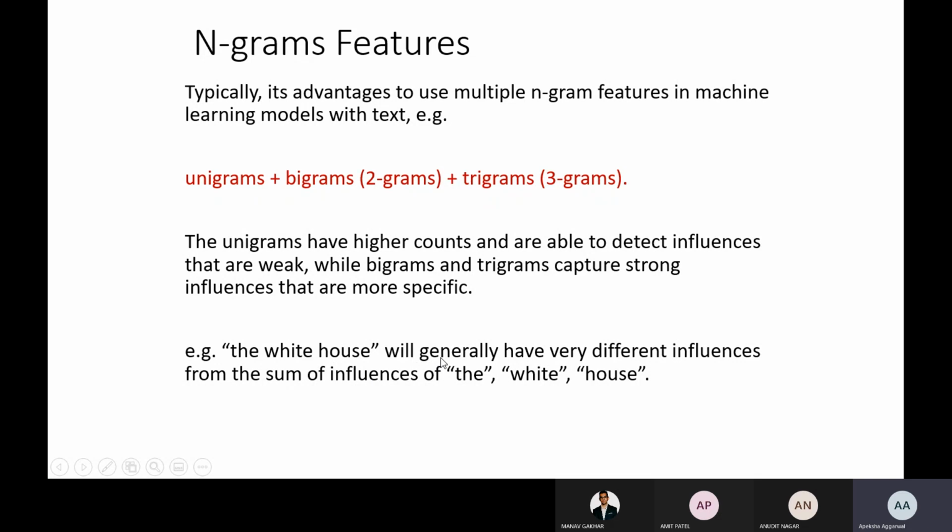The White House will generally have very different influences from the sum of the influences of "white" and "house." So what it is saying is that "the White House" combined makes more sense than the words separately.